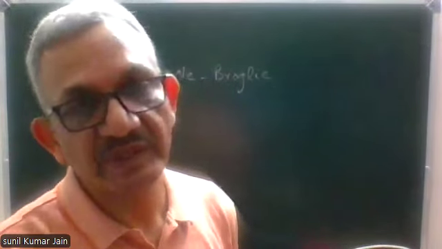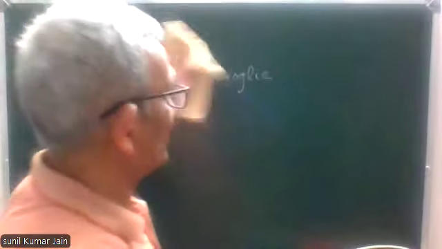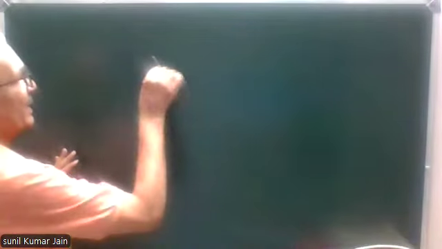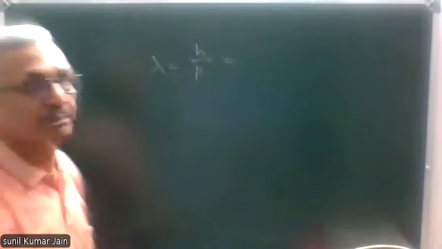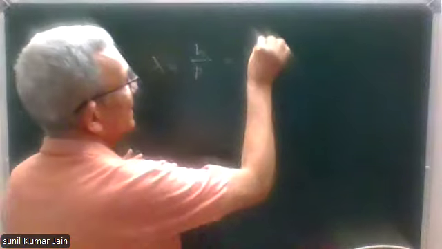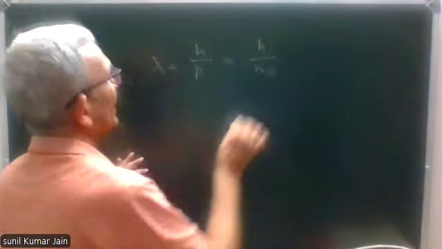Equation is named after de-Broglie only. Note down, it's a very simple equation. Lambda is equal to h by p. P is momentum, or I can say h divided by mv.